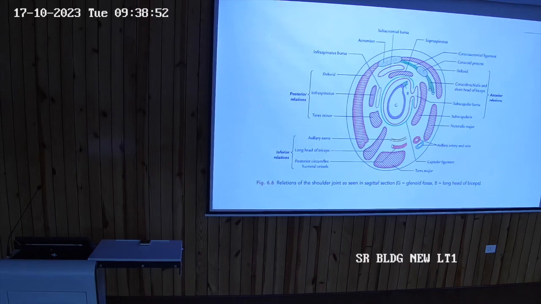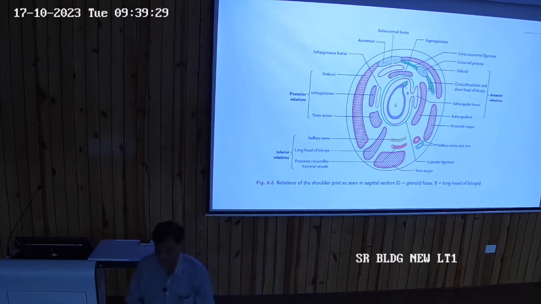Below that, the important structures lying are the axillary nerve and the posterior circumflex humeral artery. So dislocation of the shoulder joint inferiorly is very important, and it occurs very frequently. Whenever that inferior dislocation occurs, it may compress the axillary nerve or the circumflex artery.